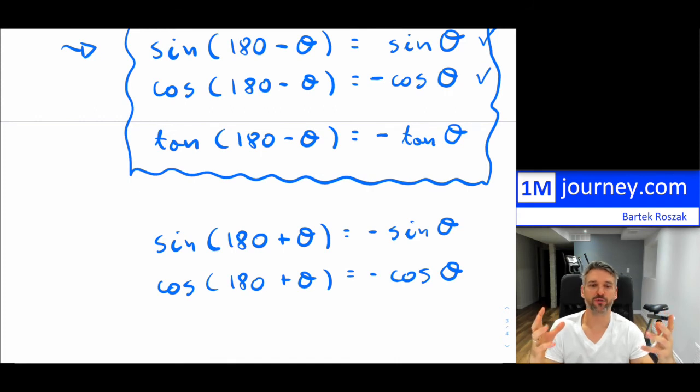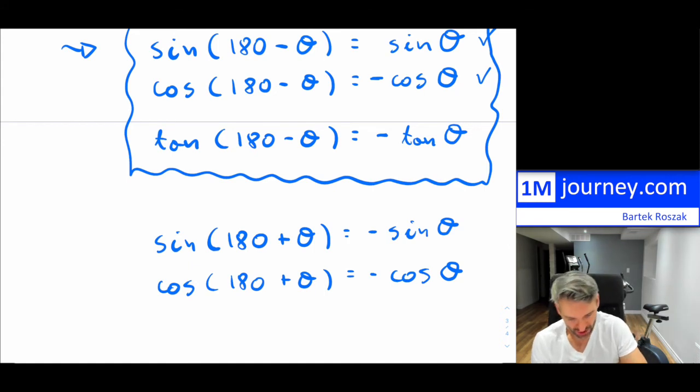However, in order for us to distinguish between angles between 0 and 90, 90 and 180, 180 and 270, and so on, we have to insert these signs in front so that we don't confuse them and know exactly which angle you are referring to. All right, so this is what we have.